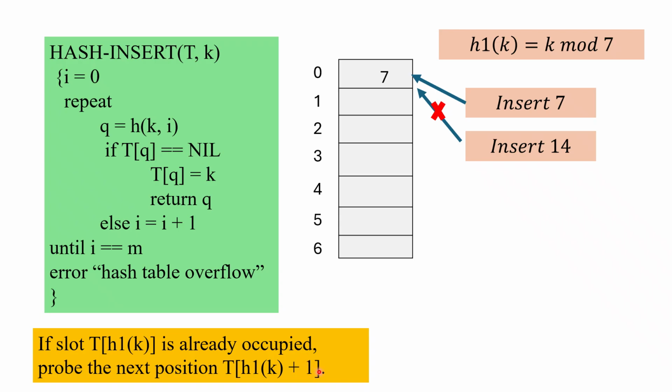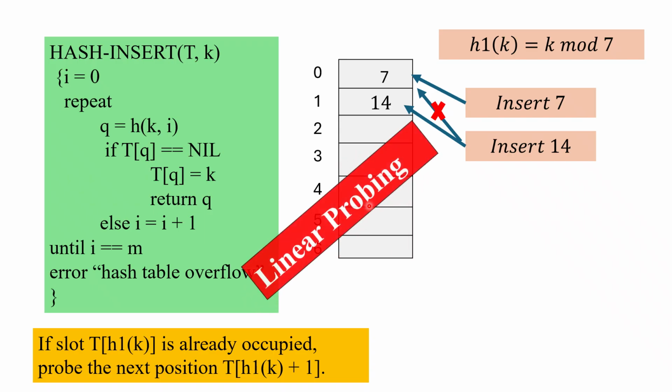We are simply saying probe the next position, that is h1(k) plus 1. Here we are talking about the general h(k, i), which we will come to in a short while. For now, we want to probe the next position. What is the next position? 0 plus 1, which is 1, and this is free. So we found a place and we inserted 14.